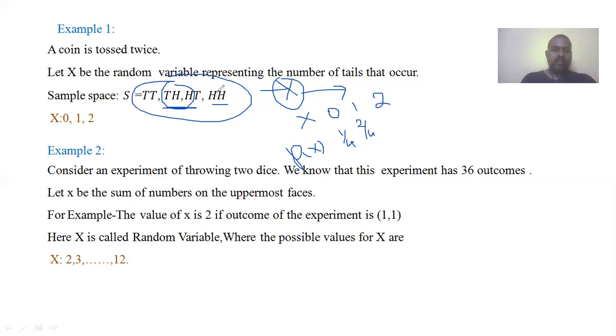Probability of getting two heads: out of 4 combinations, only one, head head, so the probability is 1 by 4. So x is a random variable representing the number of heads. This type of table we call a probability distribution table, which we will see in further topics.